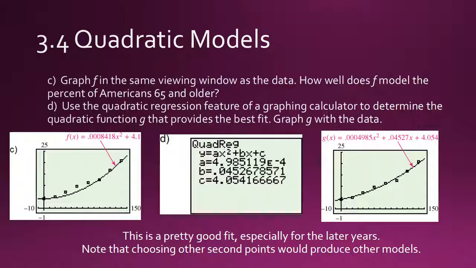And then for C, we have 4.054166667. So what you're going to do is jot that down, and you're going to put that in the y1 instead of the equation we came up with earlier. And when we do that, we can see that we do have a much better fit. Now again, the points in the middle aren't the greatest fit, but they're a lot closer than what we originally had.